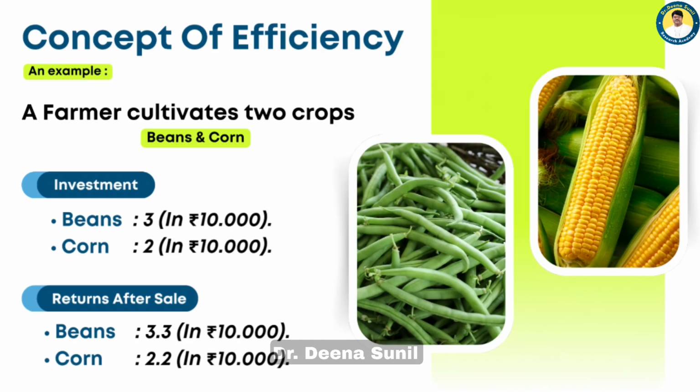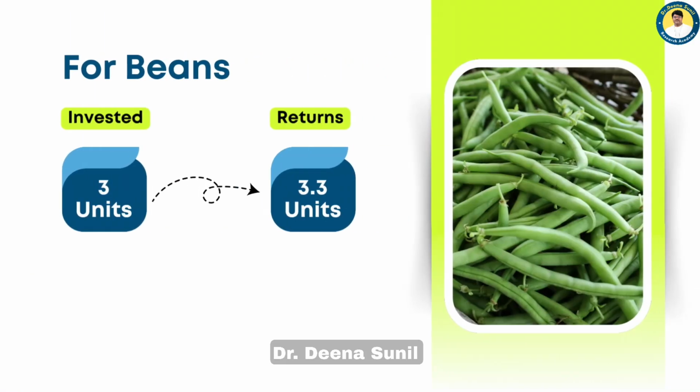But in this case the investment is not the same: for beans it is 3 units, return after sale for beans is 3.3 units, for corn is 2.2 units. So what to do in this type of problem?